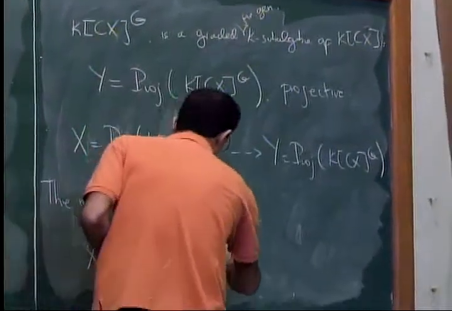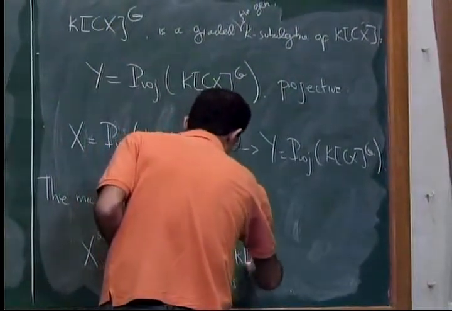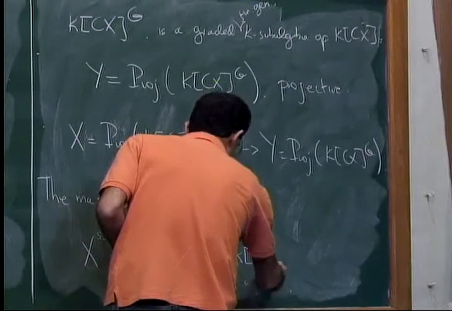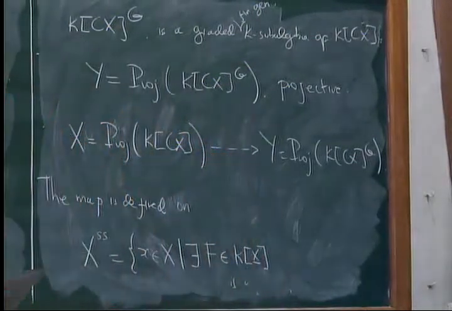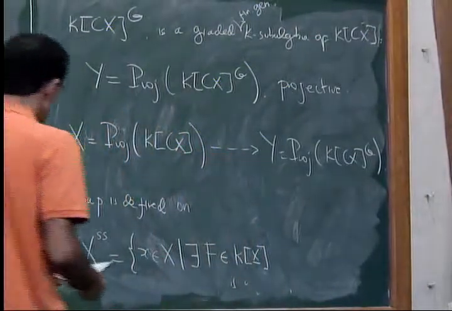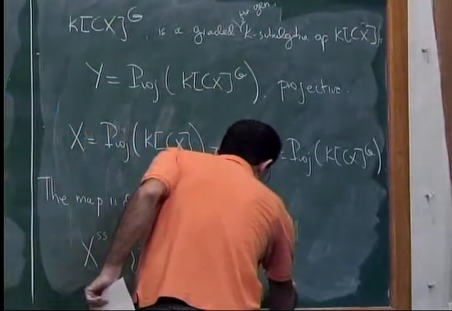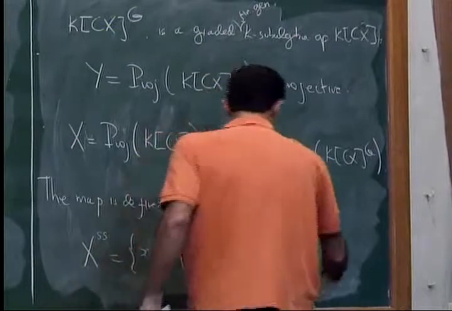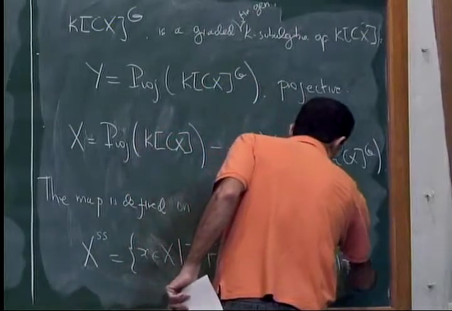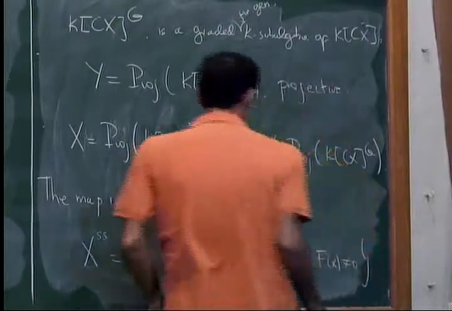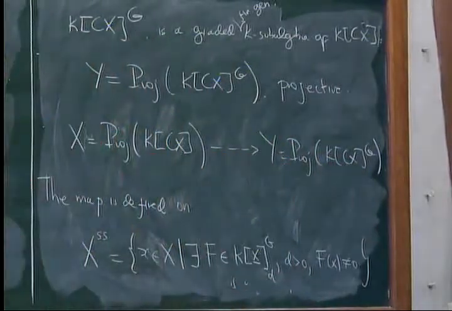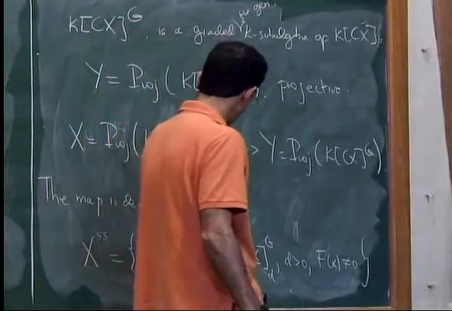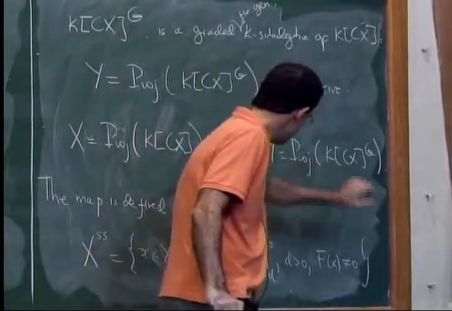In particular, it's defined on this subset XSS, which is the set of points of X such that there exists a homogeneous polynomial, invariant, of positive degree such that f of x is non-zero. Okay? Because, of course, when we restrict to C of X, this gives me an element in here.